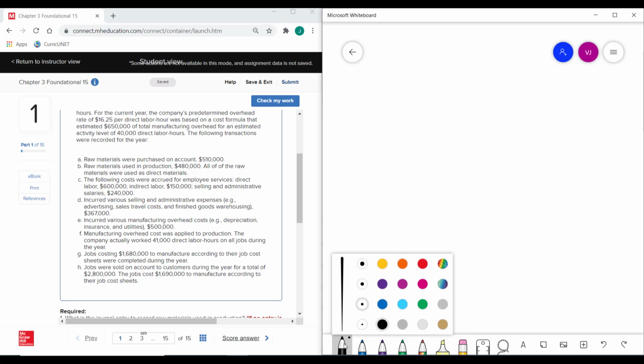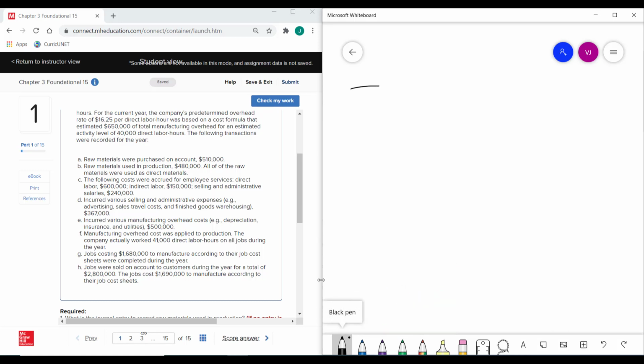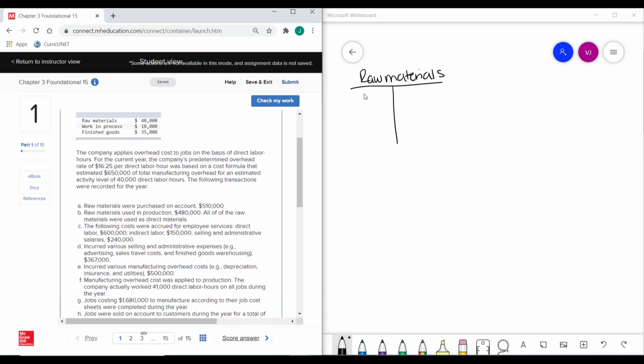Okay, so just so we can take a look here, if we were to draw out our raw materials T account, let's take a look. It says we had $40,000 in there to begin with. If we look at A, it says we purchased another $510,000 of raw materials on account, right?